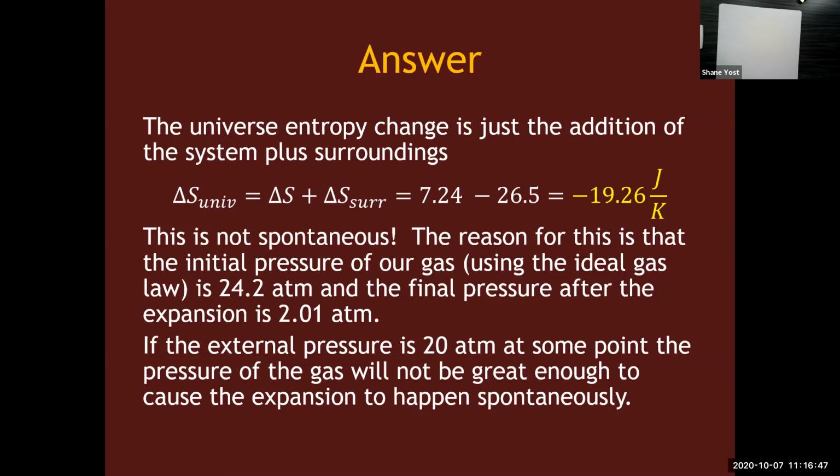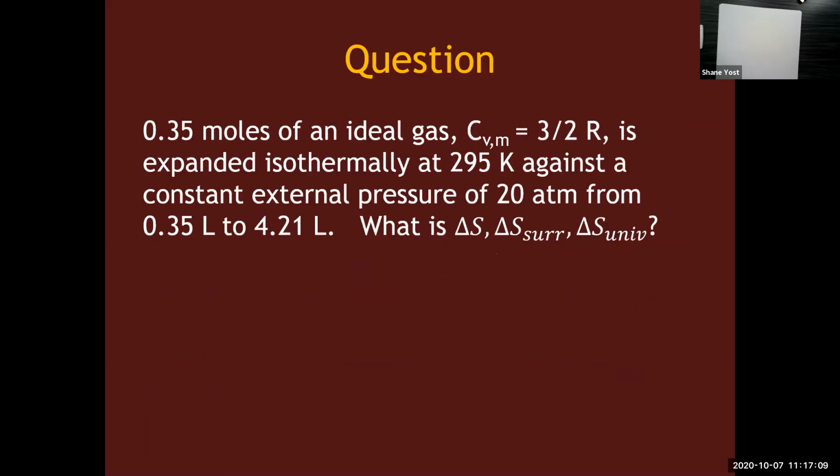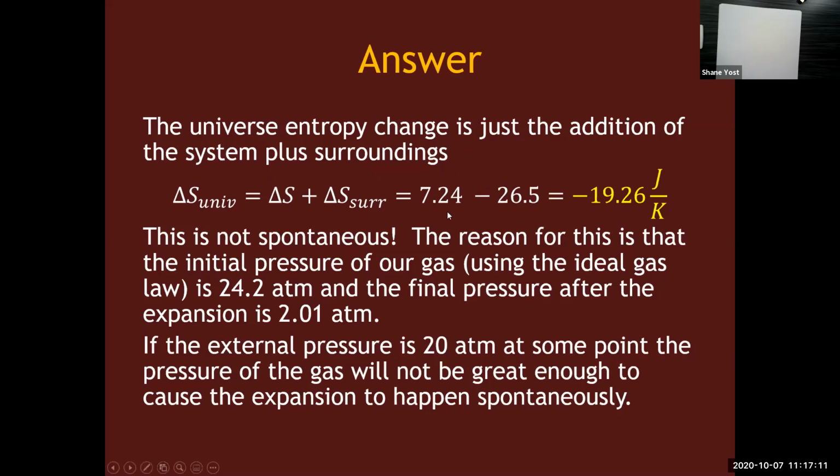It's only going to happen if I help push this piston, if you will, to expand to its final volume, right? If I use some outside intervention to help expand the gas's volume to the final point, the gas itself isn't going to naturally expand to a final volume of, what did I put, 4.21 liters, if the external pressure is 20 atmospheres.